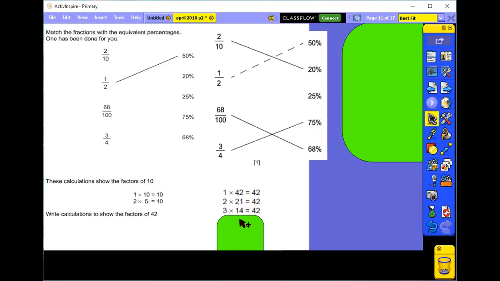Is it in table 4? No, it isn't. Is it in table 6?